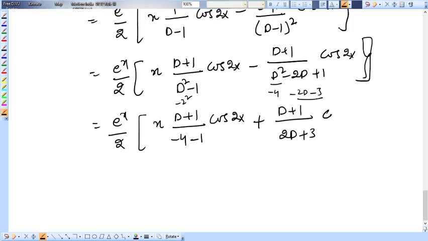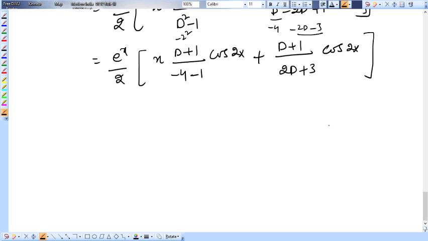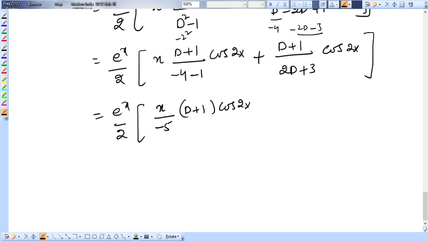Okay, and cos 2x. Now exponential x by 2, and here you will be having x by minus 5 and D plus 1 cos 2x.